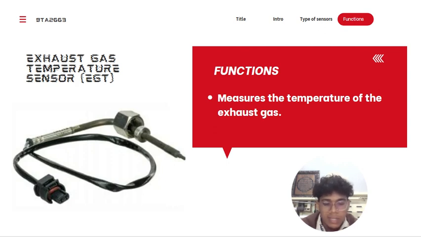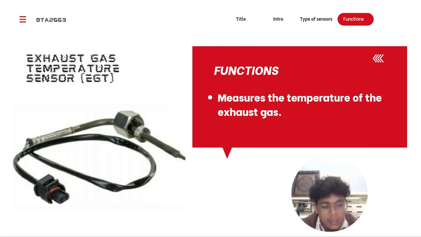In order to get the most accurate reading of the exhaust gas temperatures, the EGT probes must be as close to the exhaust valve as possible. This is why we are always going to find it in the exhaust manifold, very close to the cylinder head.